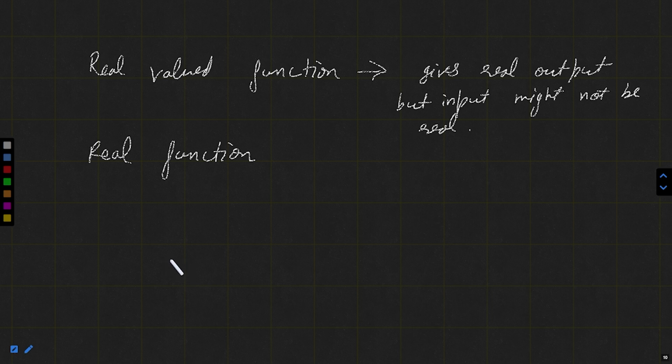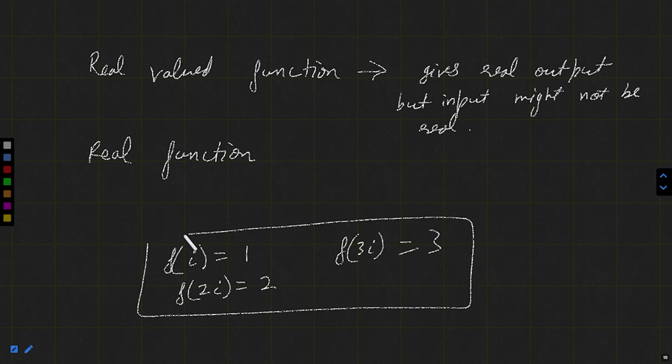For example, with complex number input, f of i gives 1, f of 2i gives 2, f of 3i gives 3. If I define the relation like this, the output is the coefficient of the imaginary part. So the input is not real, but the output is a real number.